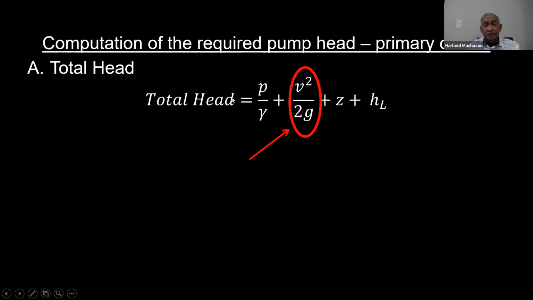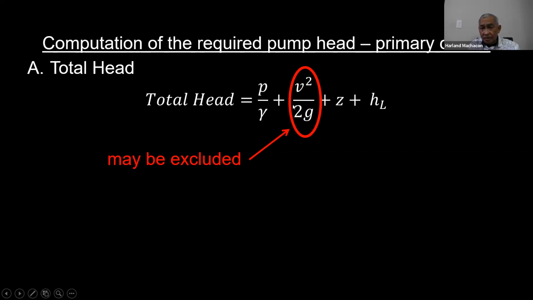Total head is equal to the pressure head, P over gamma, plus the velocity head, V squared over 2 times acceleration due to gravity, plus the elevation head, Z, plus the head loss.